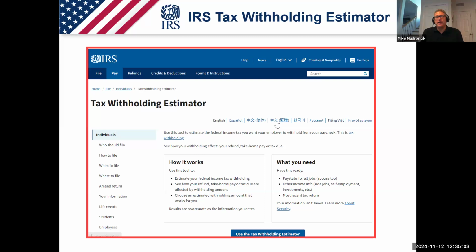The estimator will help them incorporate all their sources of income and all their deductions and their credits to get a more accurate withholding, because they have not only the wage income, which is easier to determine the withholding amount on, but they also have some other income that is not subject to withholding from an employer. So this tax withholding estimator is a great resource.